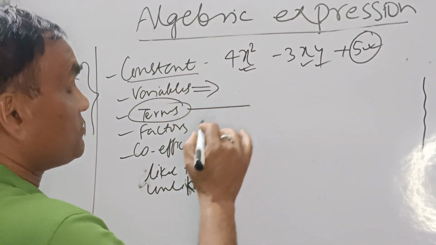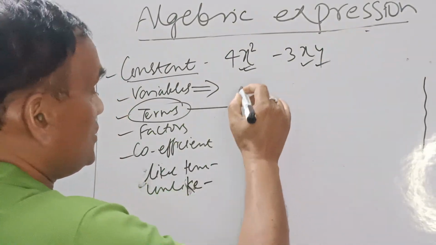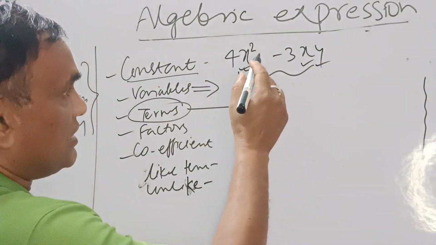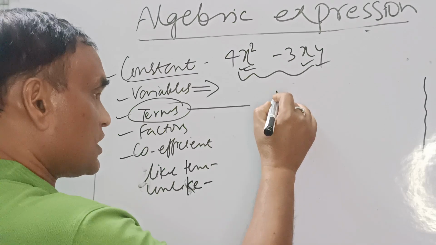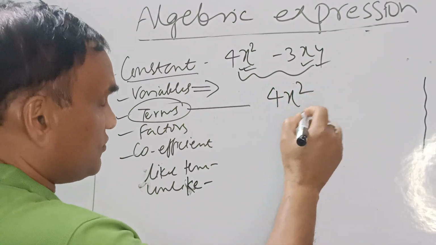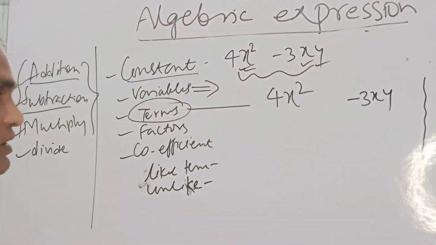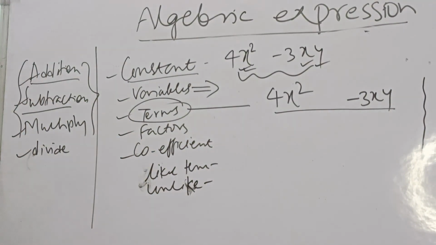Now another term comes: terms. Now here we have two terms, 4x square minus 3xy. These are the two terms. 4x square is the first term, minus 3xy is another term. And this complete is called an algebraic expression. Is it clear?